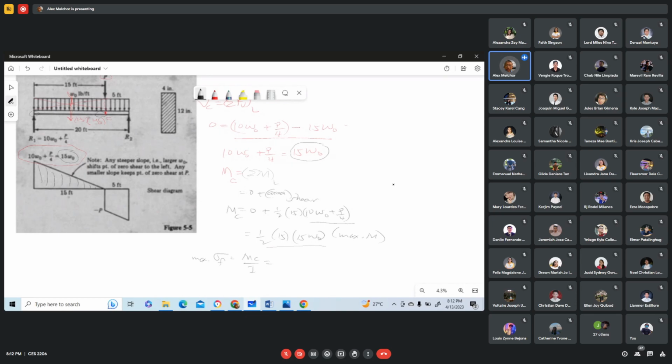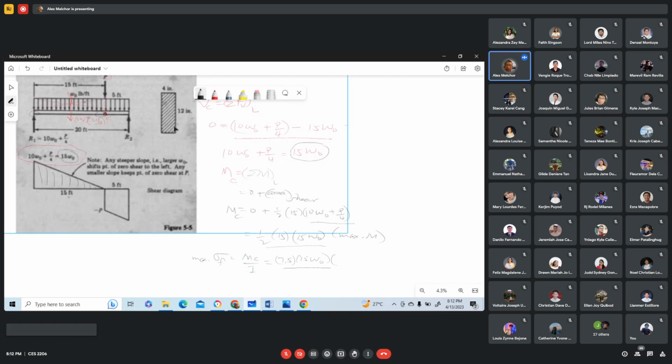That is the maximum moment that occurs right at this point, at C, right here, at zero shear. So this will now be 7.5, that's 15 over 2 times 15 W sub O, times the value of C.